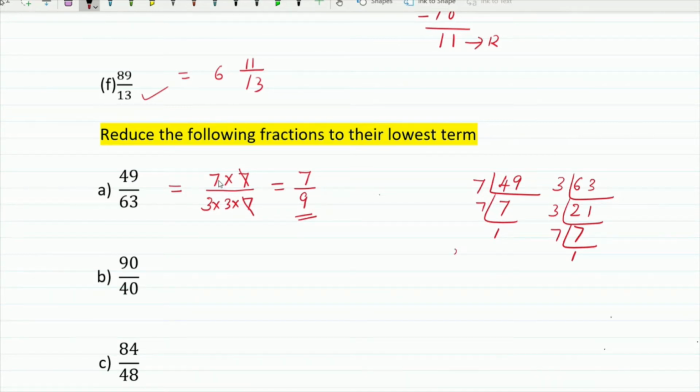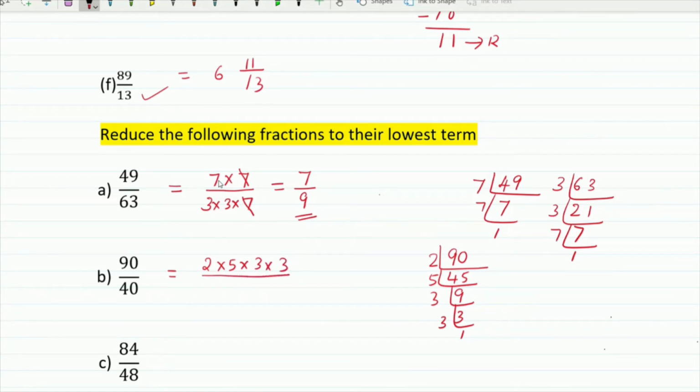So 7 by 9 is the simplest form or lowest form of 49 by 63. Now we can do the next question, 90 by 40. 2 table 45, 5 table 9, 3 table 3, 3 table 1. So we can write 90 as a product of primes 2 into 5 into 3 into 3.